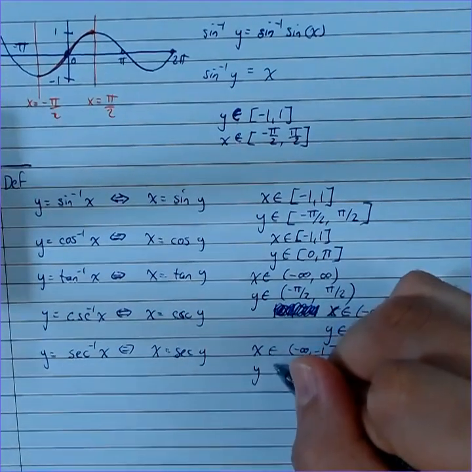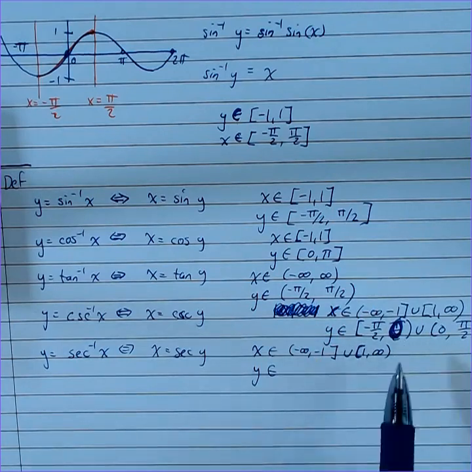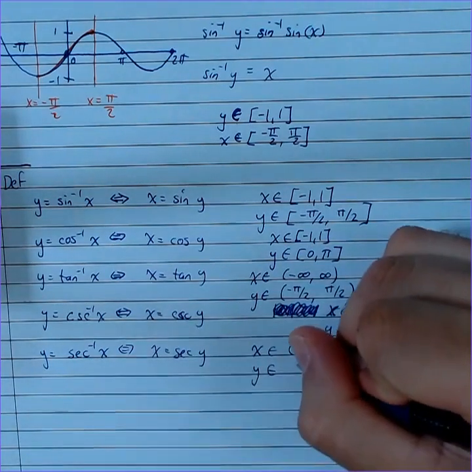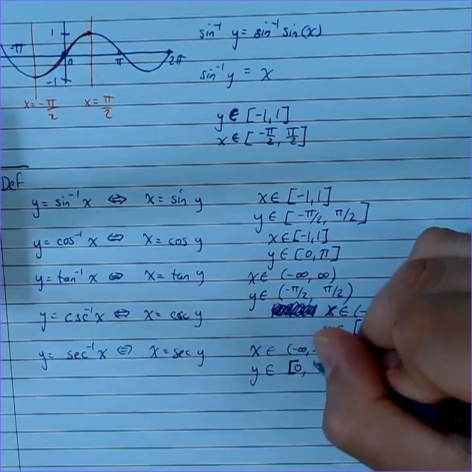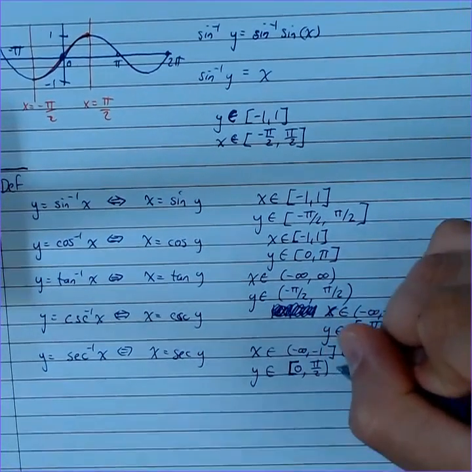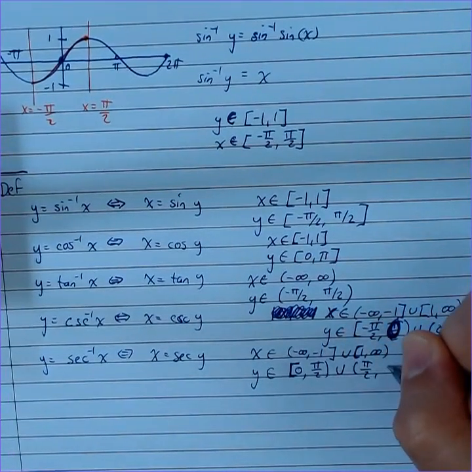And y is going to also have a single exception for the case of its asymptote in the interval. So this will be everything from 0 to pi, with the one exception being at pi/2. Right in between the interval, you'll have an asymptote.